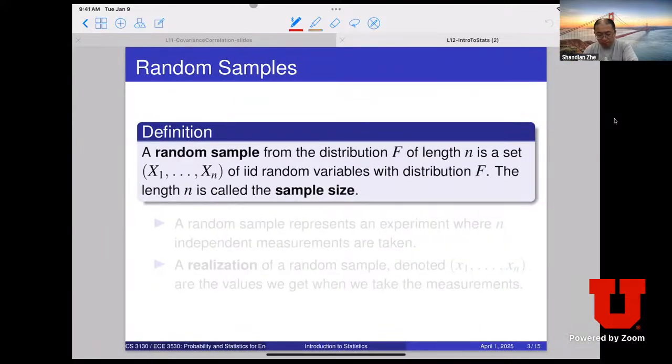Now imagine we want to do some random experiments, and suppose I have the mechanism to repeatedly do the same experiment independently, say for n times. The simplest example might be flipping a coin. Suppose I have a coin in my hand.